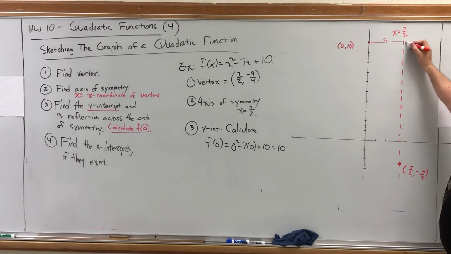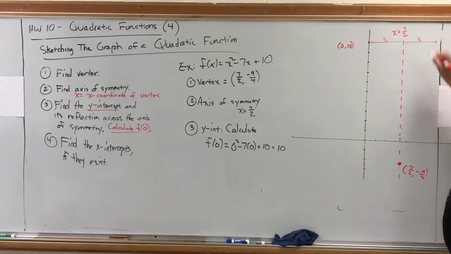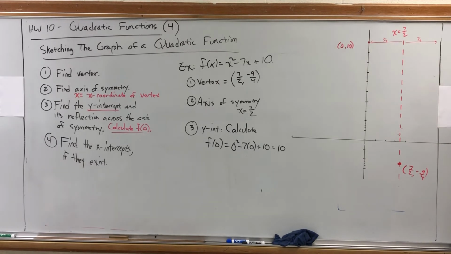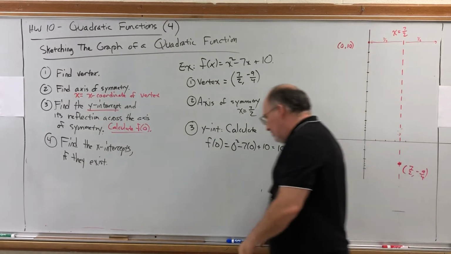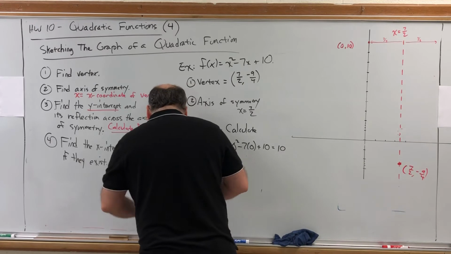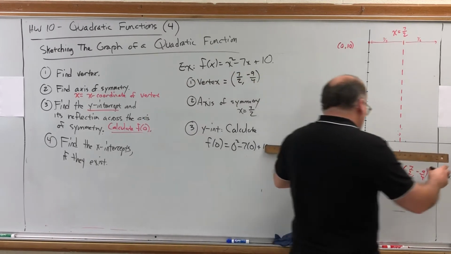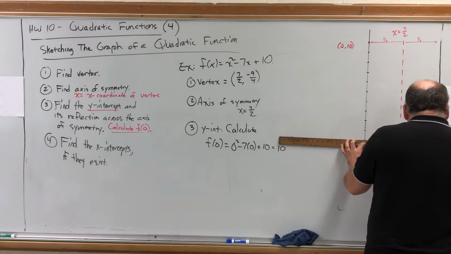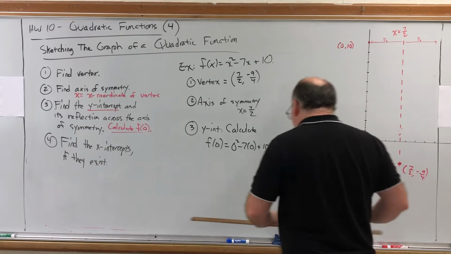And then you go that distance to the right of the axis. So if I'm at 7/2 and I go another 7/2, that puts me at 14/2, which is 7. It's a lot easier to explain when it's not a fraction, but we've come this far. 1, 2, 3, 4, 5, 6, barely made it into the window.